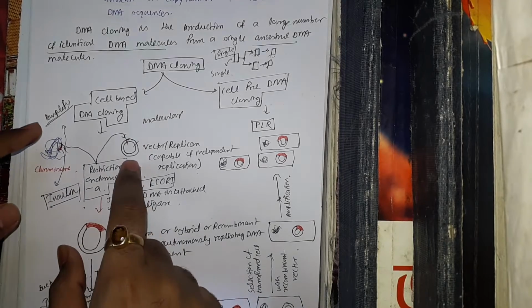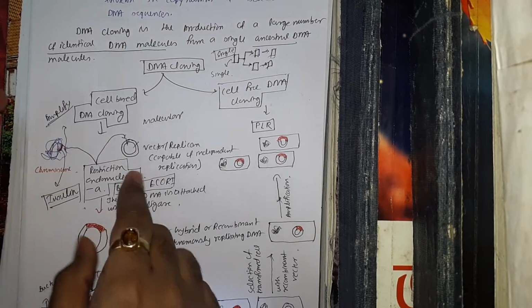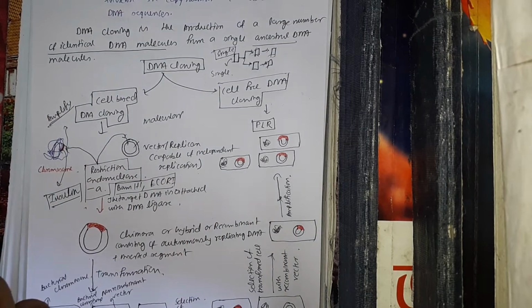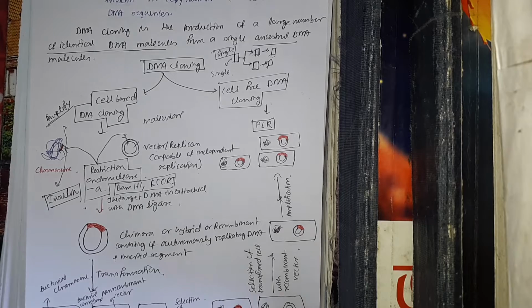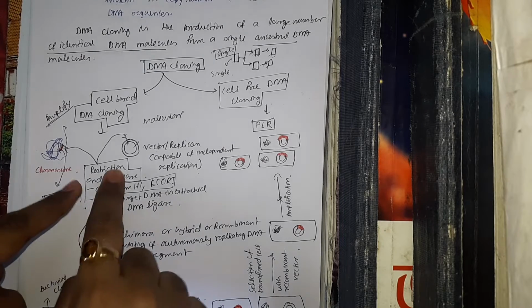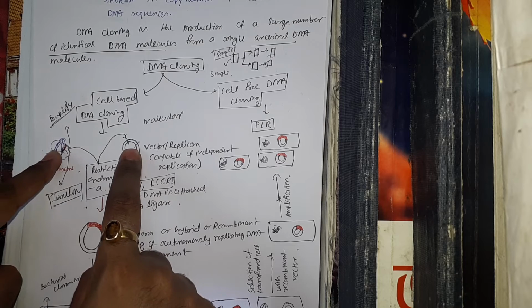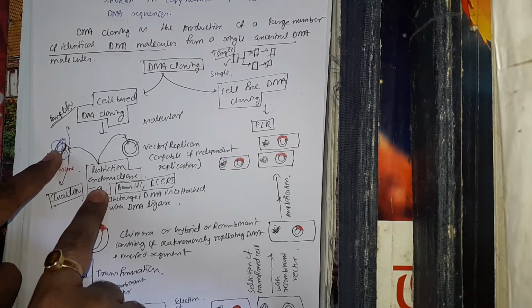So we have our vector. Suppose it is a vehicle by which our target DNA will enter into the host cell. We will cut a specific portion of the vector and a specific portion of the target DNA with the help of restriction endonuclease.